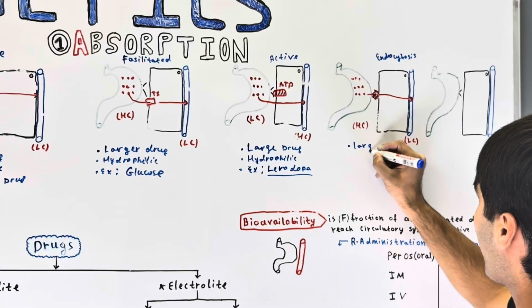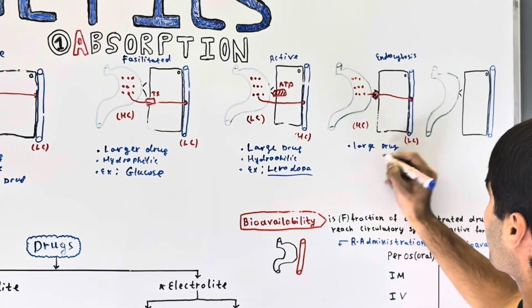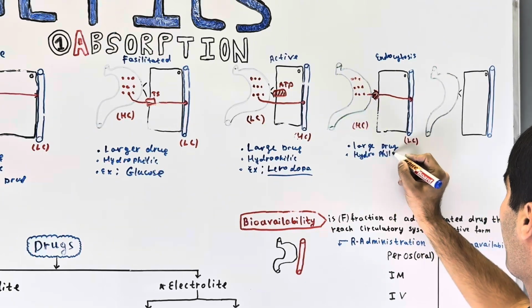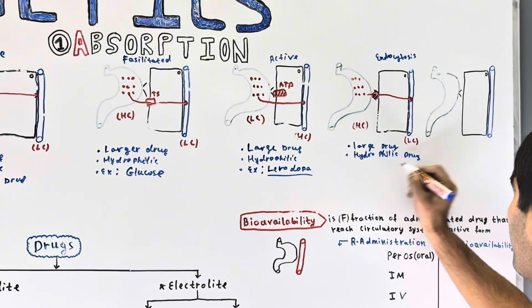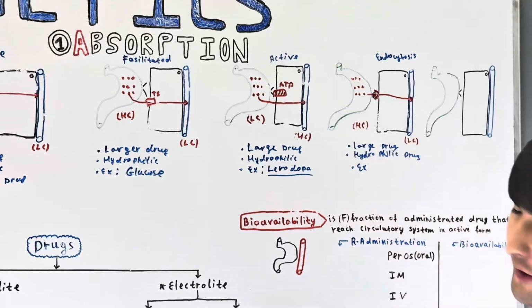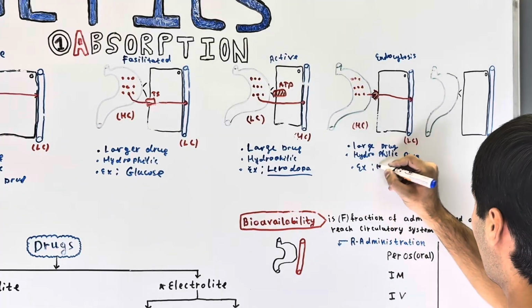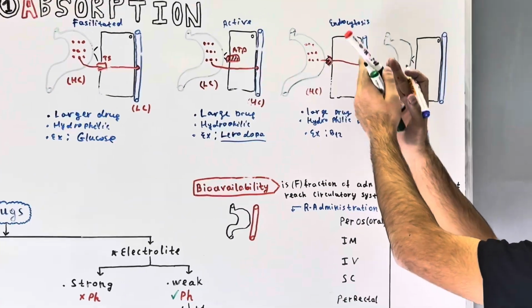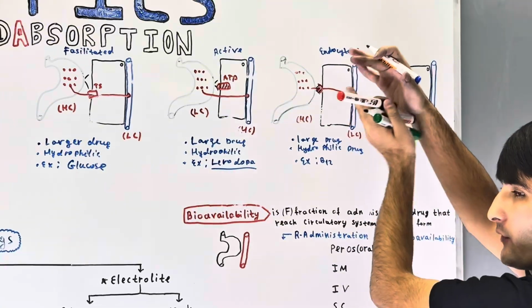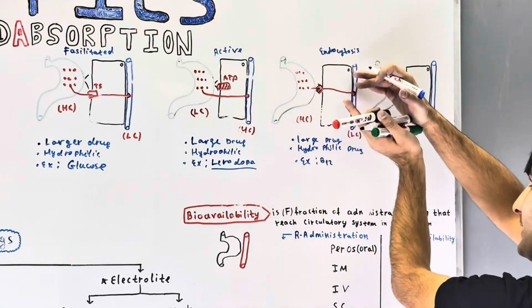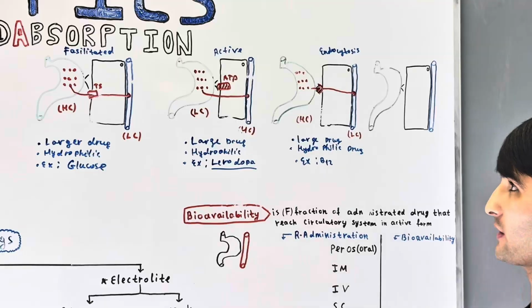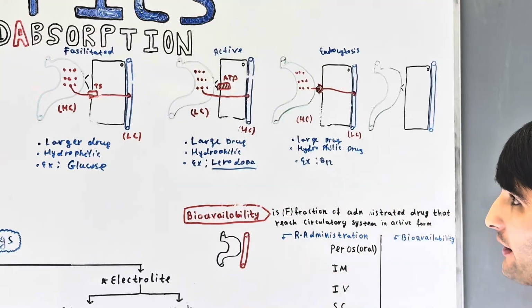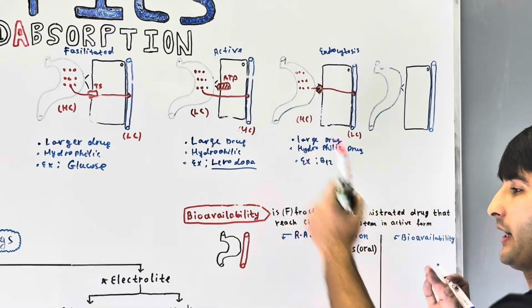Again, these are large drugs, hydrophilic drugs, for example vitamin B12. Vitamin B12 can be absorbed through endocytosis. The membrane of the gastric cell first engulfs it, and after that transfers it to the blood circulation. Let's talk about the last type of the mechanisms of absorption.